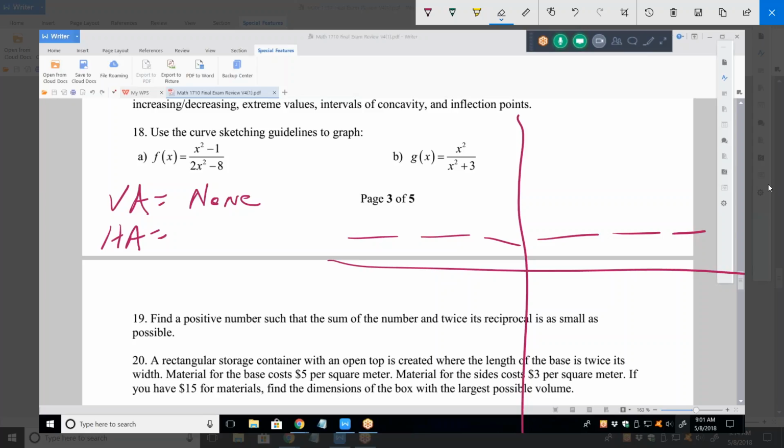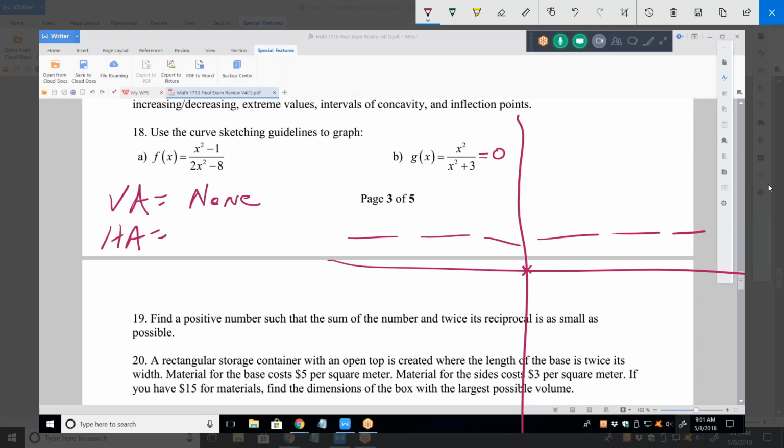Remember, x-intercepts are where y is equal to 0. In other words, solve that. No. What? No. Remember that for a quotient to be equal to 0, the only thing that has to be true is the numerator has to be 0. Oh, okay. So we do have an x-intercept at 0 right there.